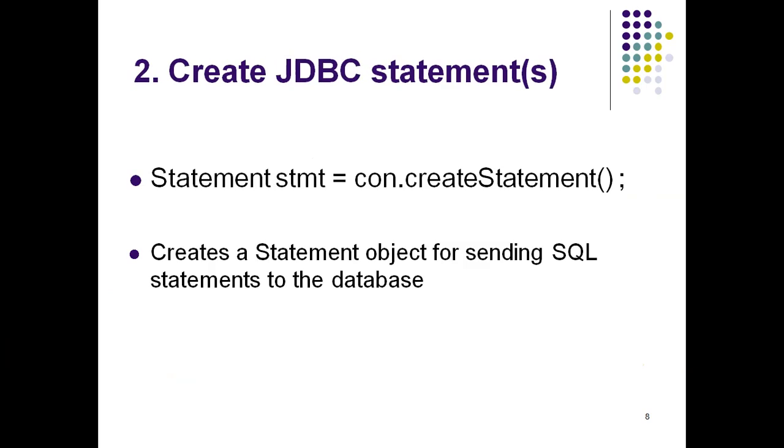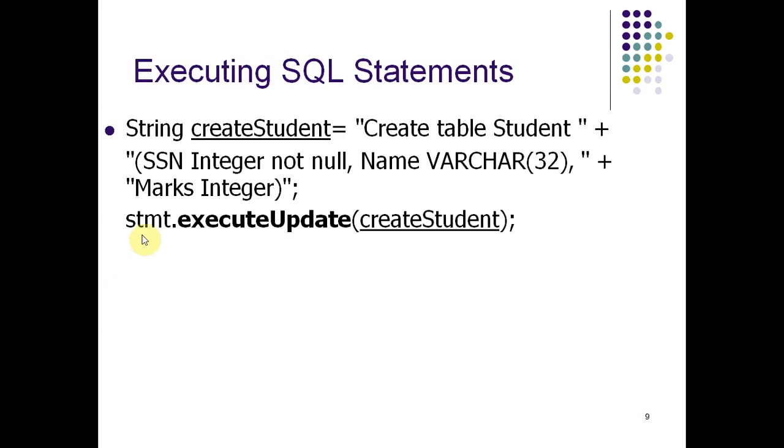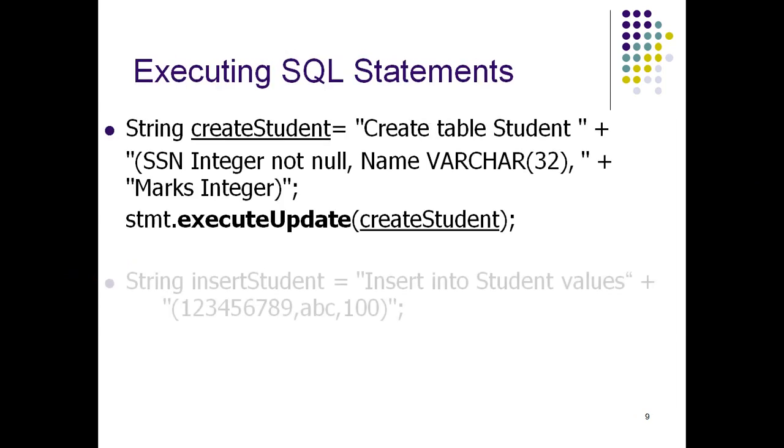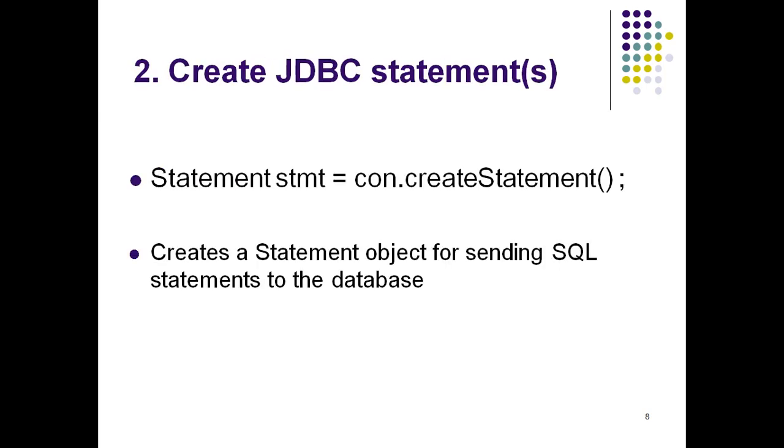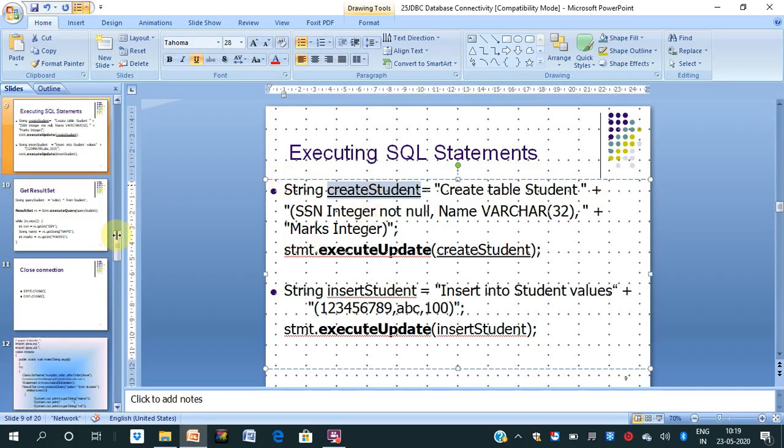And third is the create statement. This is blank. We are creating a blank statement, and its object is stmt, con.createStatement. In the previous slide you can see the statement, this is the statement class. I am showing this to you.